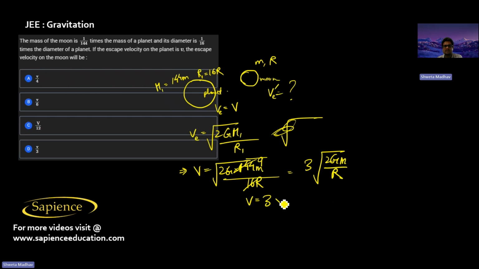So v will be equal to 3 into root 2 GM by r.